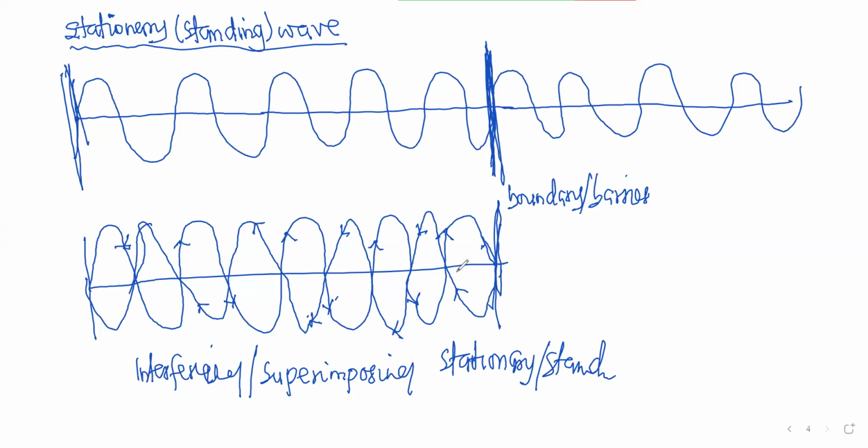Why is it stationary or standing? It is because the energy being propagated only stands between the two boundaries. The energy only stays or is stationary between the two boundaries. That is why we call this a stationary wave.